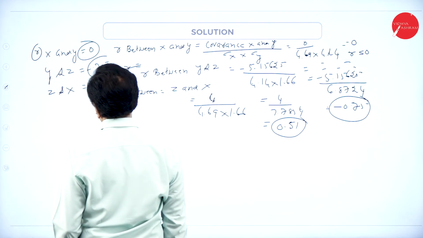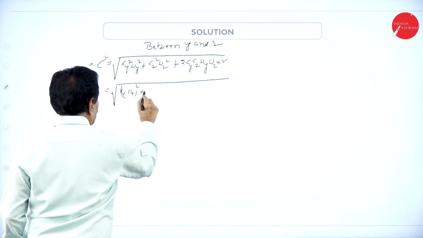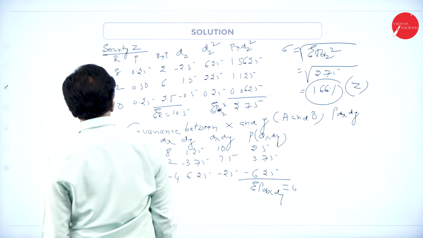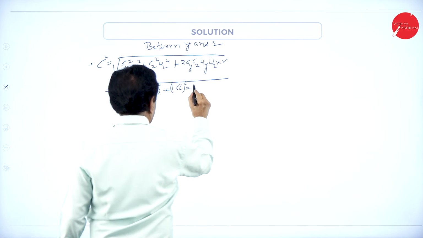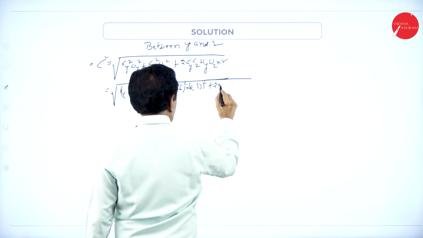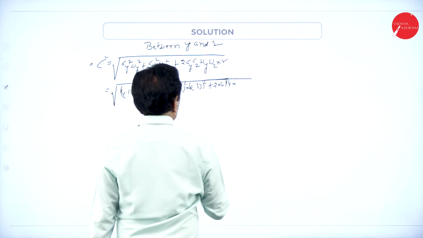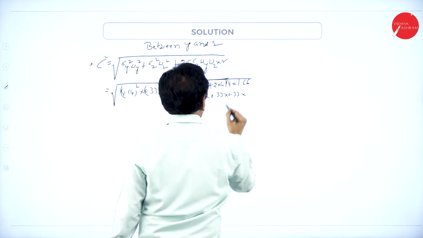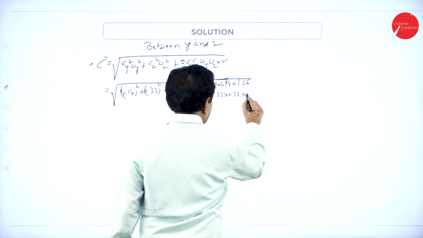What is your standard deviation Y square? 4.14 square into 0.33 square plus standard deviation Z is 1.66 square into 0.33 square plus 2 into 4.14 into 1.66 into 0.33 into 0.33 into R between Y and Z, minus 0.75.